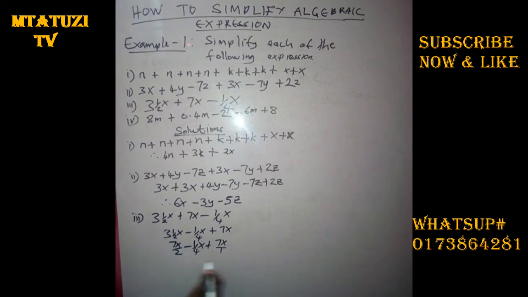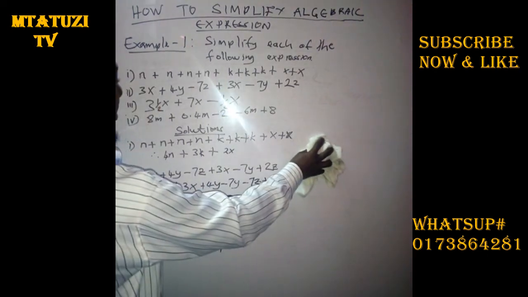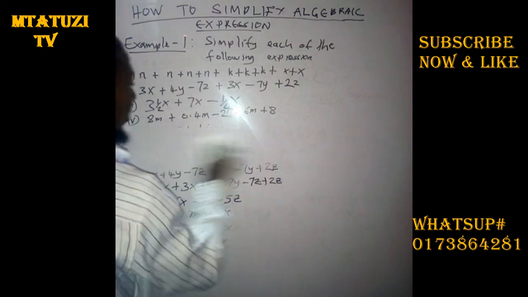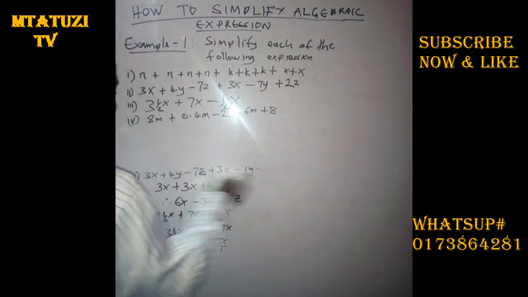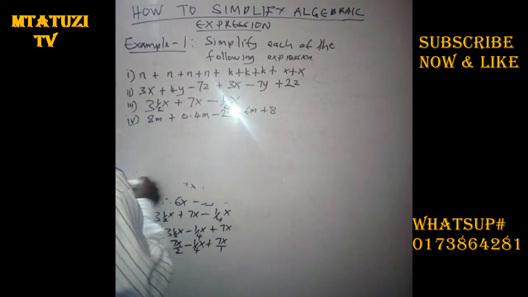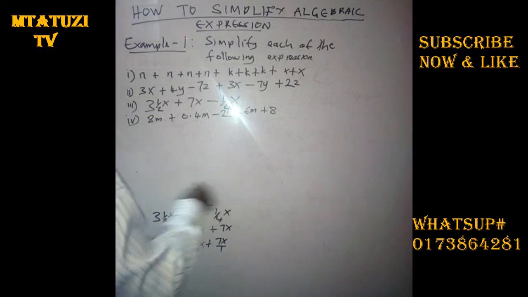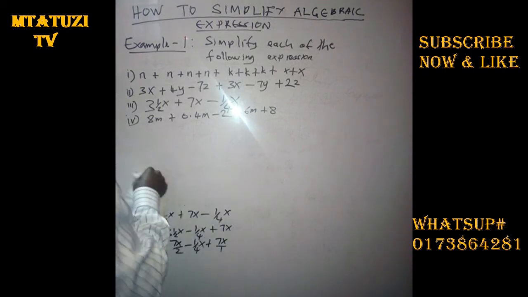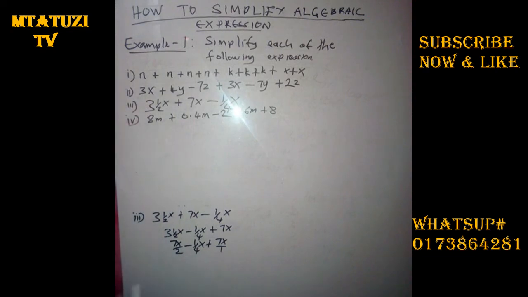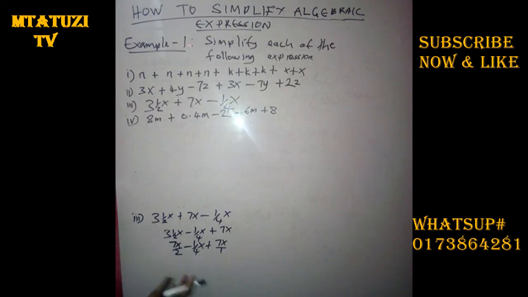Okay, let's first of all find the LCM. Let me have the top one here so that we can finish that question, because my blackboard is very short, so I have to shift it backward so that you can see how we can proceed with this question.